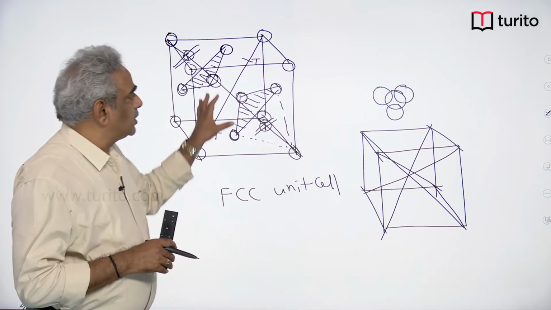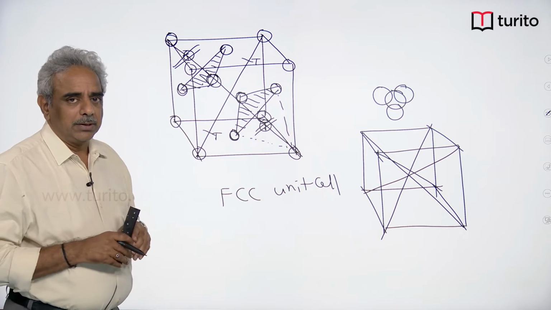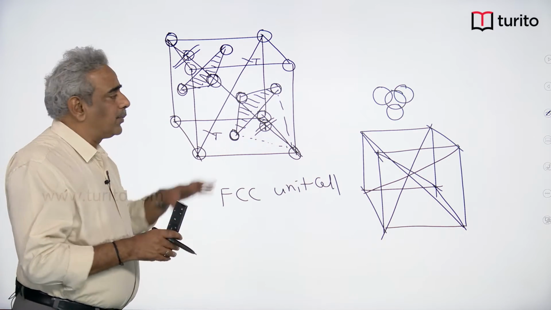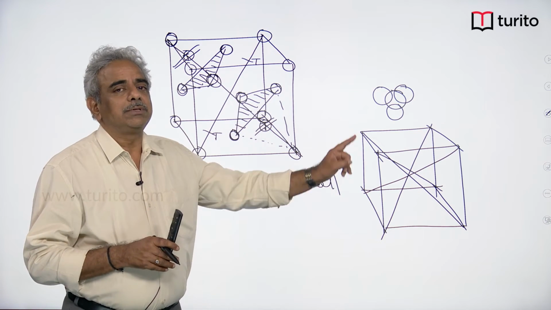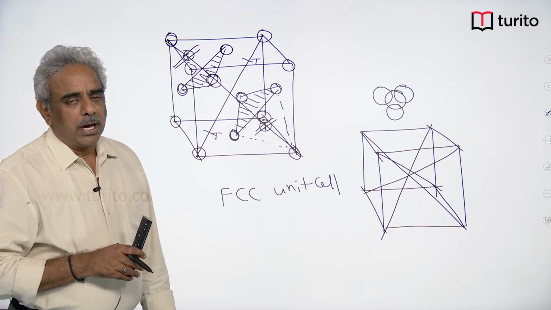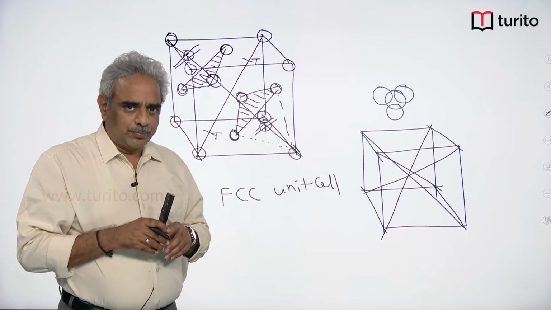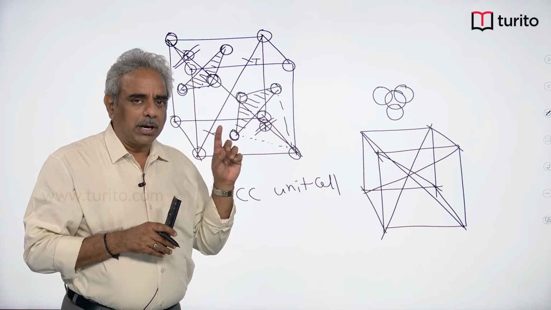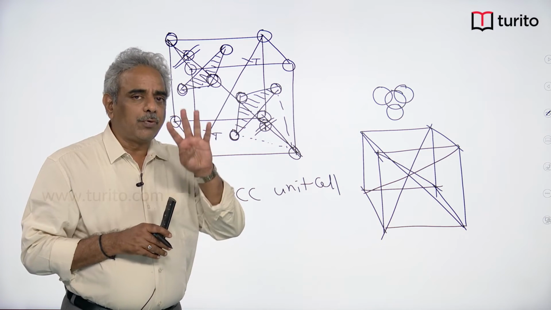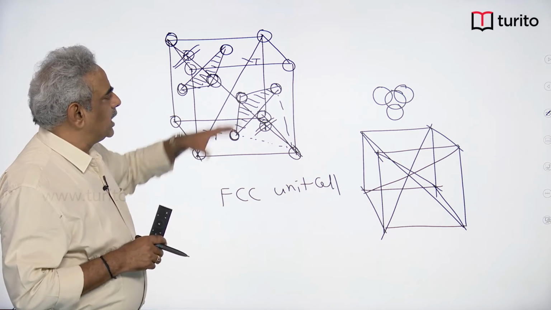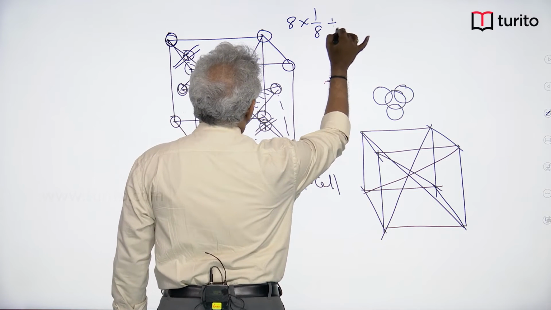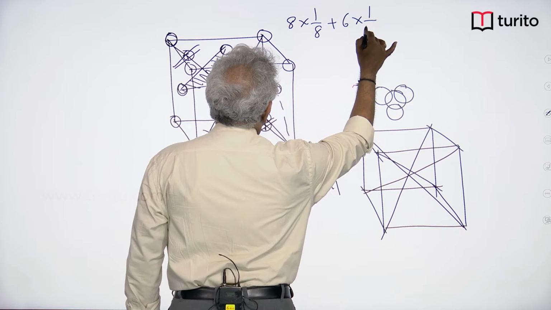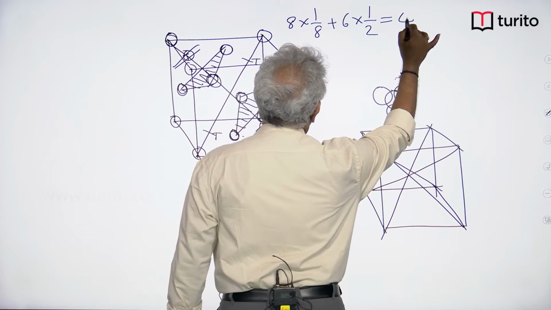So, how many atoms are there in this particular unit cell? 8 tetrahedral voids are present per unit cell, but how many atoms are there in this unit cell? We have so many times discussed, one face centered cubic unit cell contains 4 atoms. Why does it contain 4 atoms? 8 into 1 by 8 plus 6 into 1 by 2 make 4 atoms.